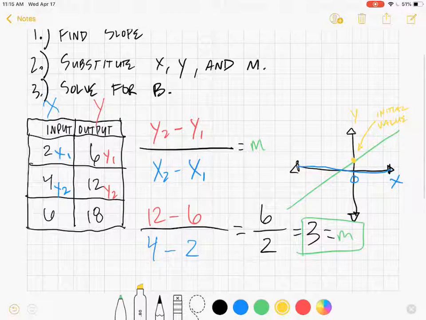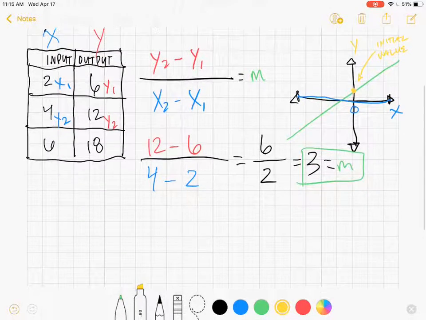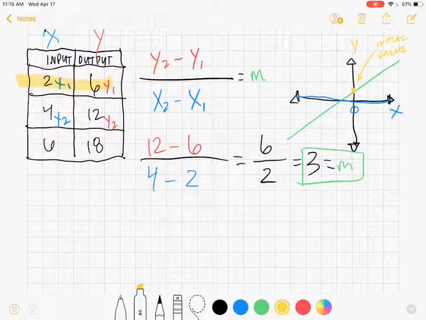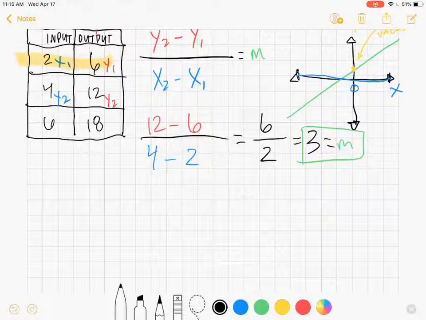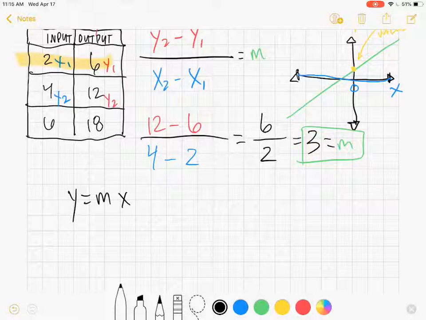Now we do step 2: substitute x, y, and m into the equation. We pick two x and y values that belong together, like 2 and 6, and take our equation y equals mx plus b.